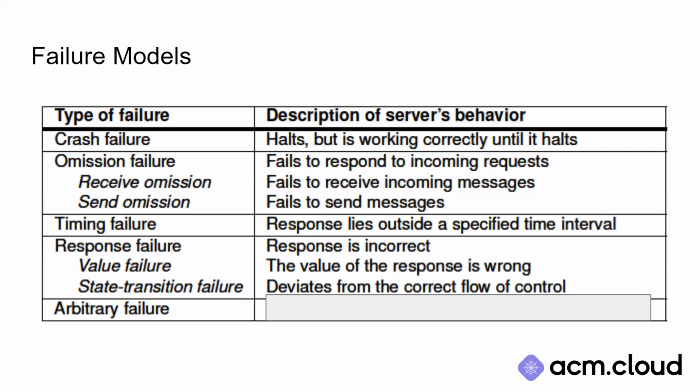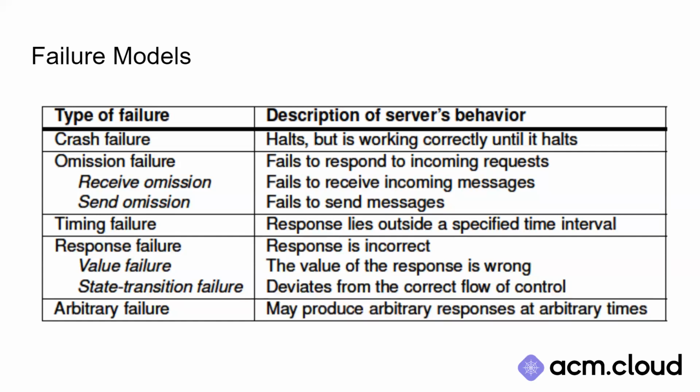Even though it's coherent, the value's not right. And then state transition failure is when the response itself is corrupted and doesn't have the correct data. So maybe you do something that you're not expecting to do that causes subsequent problems. And then an arbitrary failure is when you don't know what's happening at all, but there's some sort of failure.